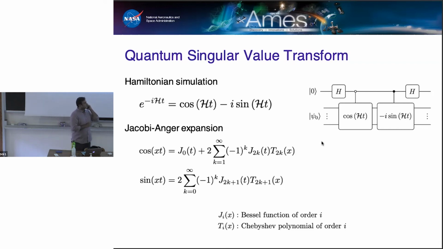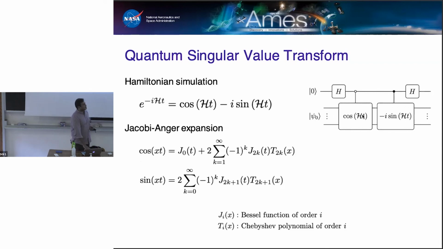You need to truncate it to some order. But if you can realize these particular polynomial transformations of H, signified by these two boxes, then you can just do the LCU method and combine those two operations.